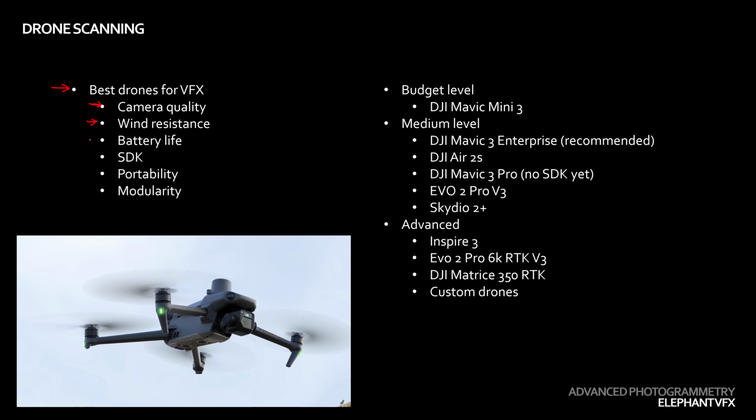With better drones, you can actually fight the wind a little bit better. Of course, if it's extremely windy, if it's like a huge storm or something, you're not going to be able to do anything really. But yeah, if it's windy but not terrible, with a high-end commercial drone, you can actually keep working. Okay, so it is important to have a drone that is capable of fighting wind.